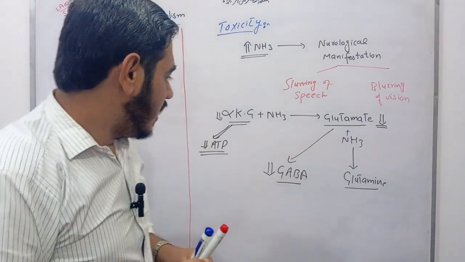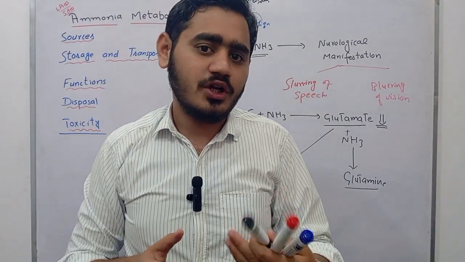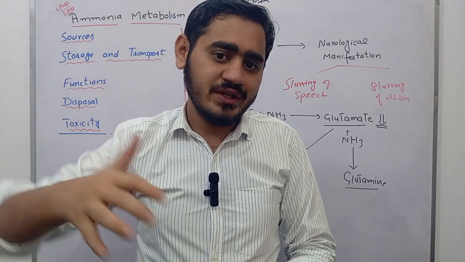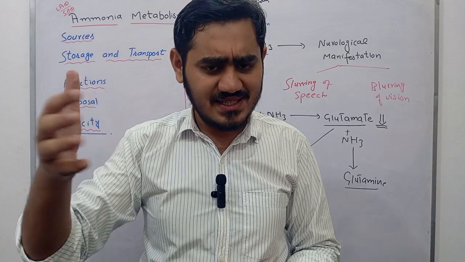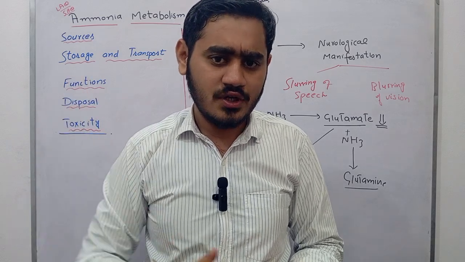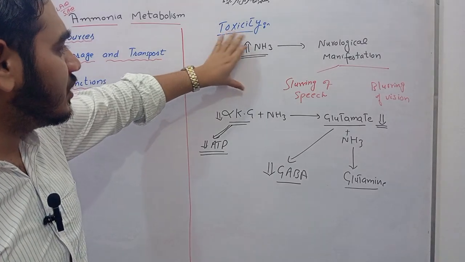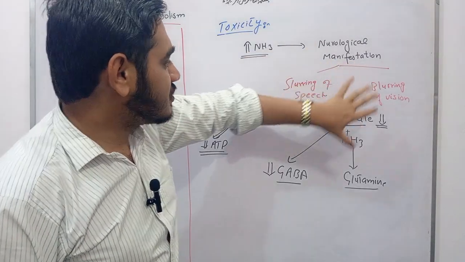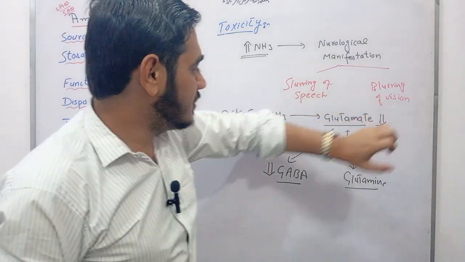Also this increase in concentration of ammonia disturbs tryptophan metabolism, which leads to an increase in the production of serotonin. We will discuss it in future lectures. So the increasing concentration of ammonia is very harmful. It leads to neurological manifestation. The symptoms include slurring of speech and blurring of vision.